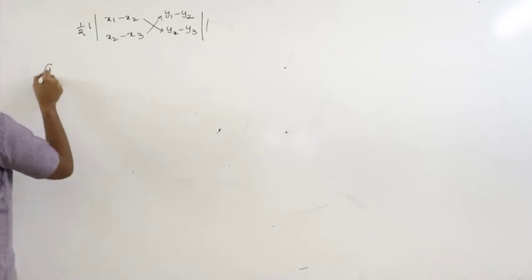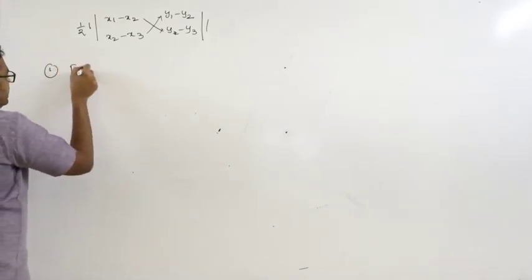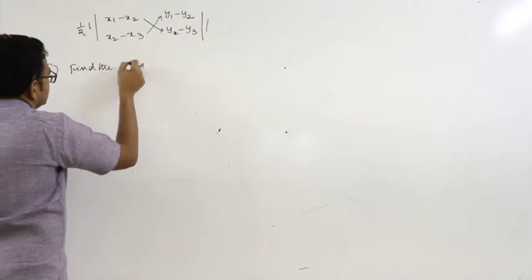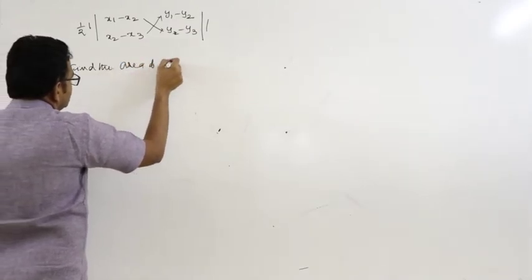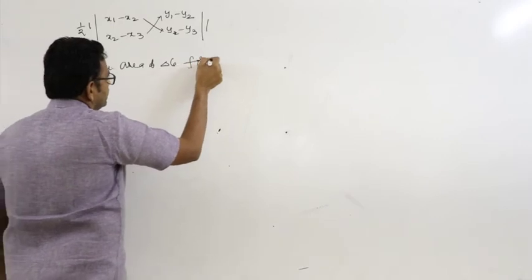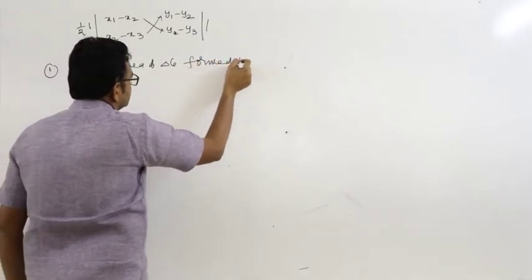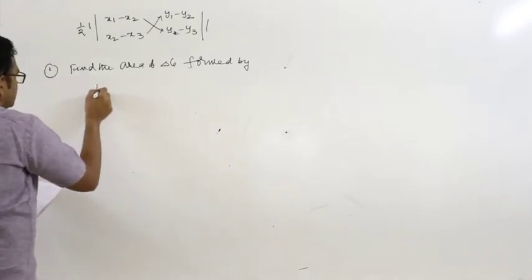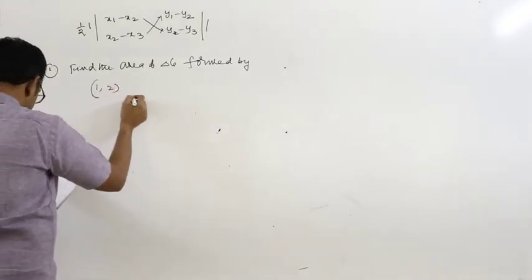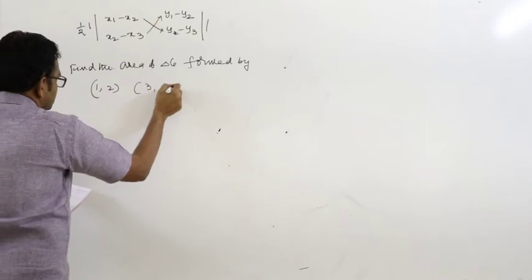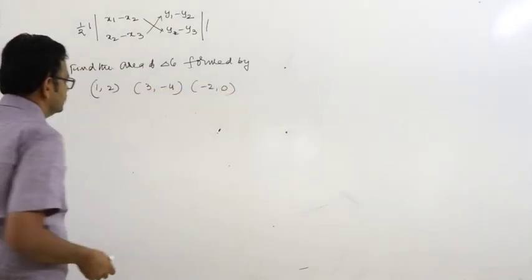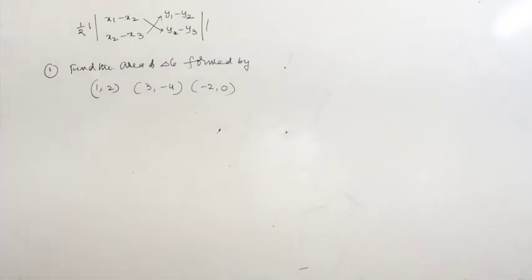One example. Find the area of triangle formed by the points 1, 2 and 3, minus 4 and minus 2, 0.